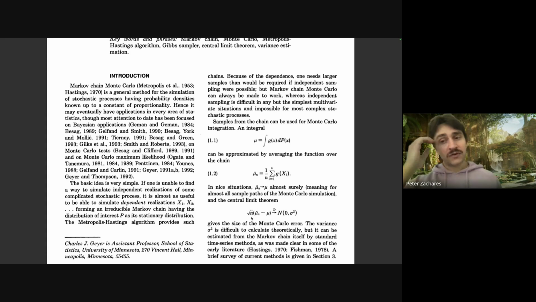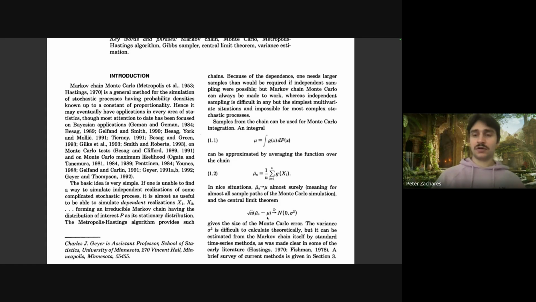So if you take 100 samples versus 10,000, that means that the error is 10 times smaller. And so this allows you to actually estimate the error in your distribution based on the number of samples. And you know that as you have more samples, the sample mean is converging to the actual mean.